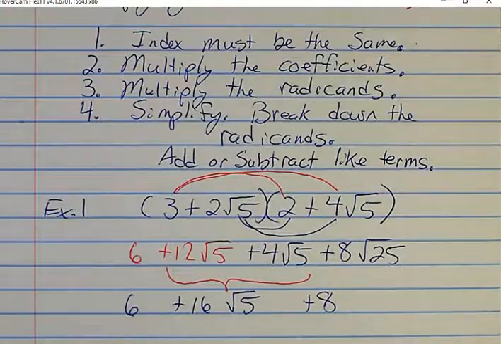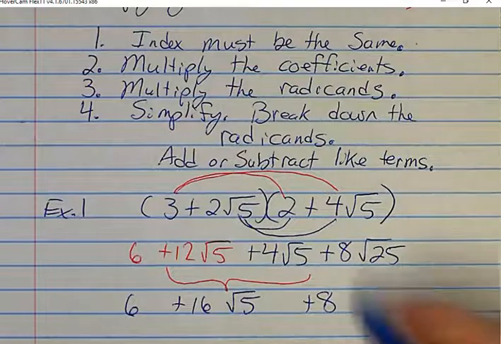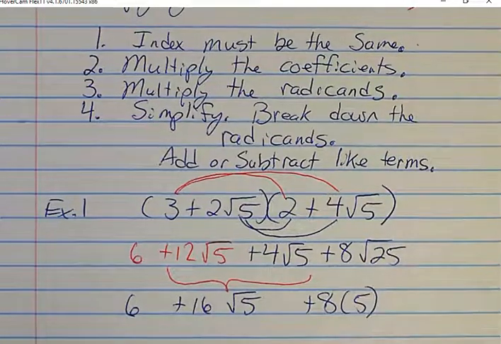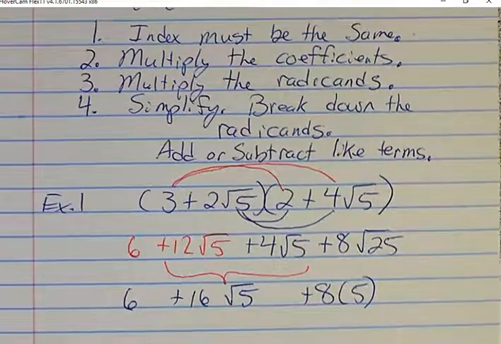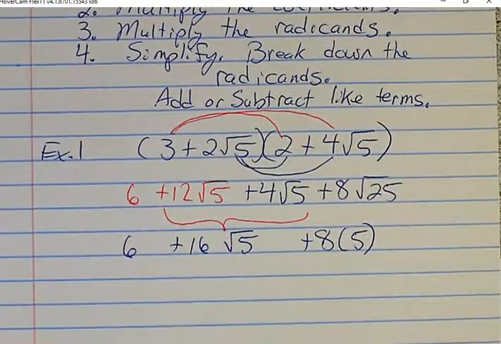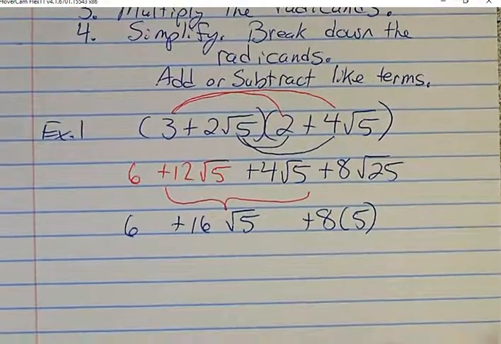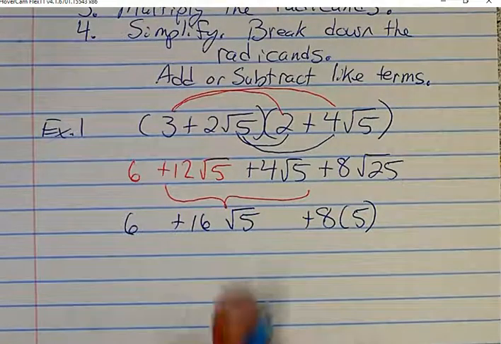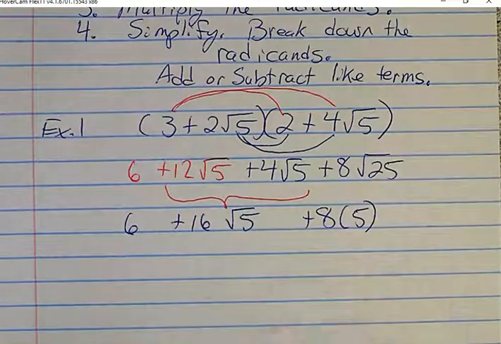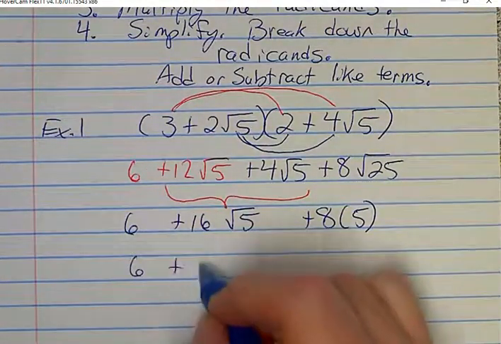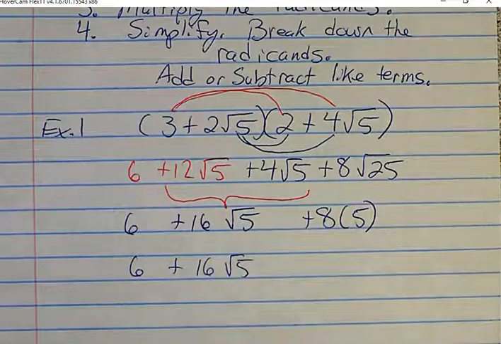And then on the end, we did square root of 5 times square root of 5 to get 25, but the square root of 25 is just 5. So we've multiplied the coefficients, we've multiplied the radicands, we've got those 4 terms, we've added and subtracted, we've broken this one down, so this is a 6. Nothing you can do with a 16 square root of 5.